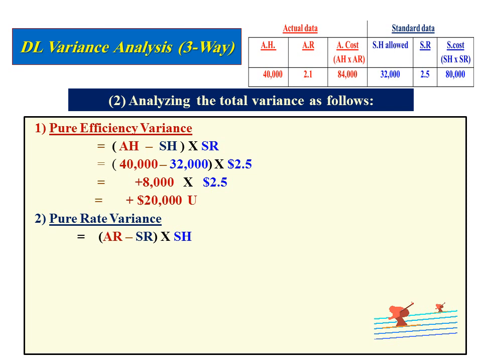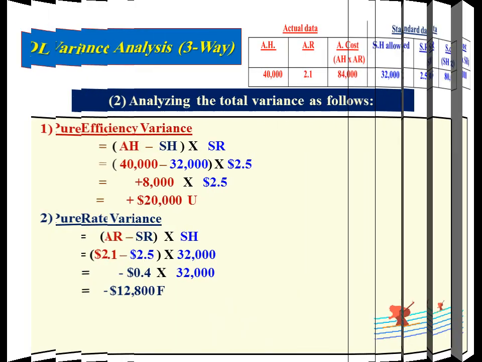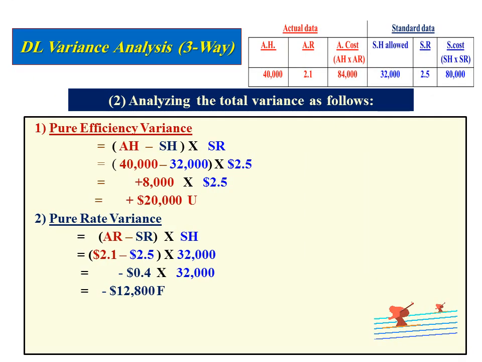From our table at the top of the slide, you can get the actual rate 2.1, the standard rate 2.5, and the standard hours allowed 32,000. So 2.1 minus 2.5 equals negative 0.4, which gives negative 12,800 favorable.